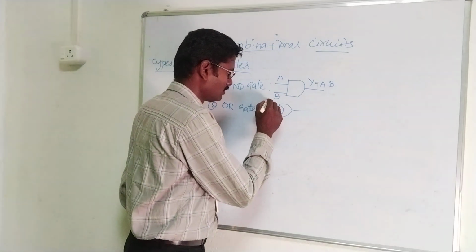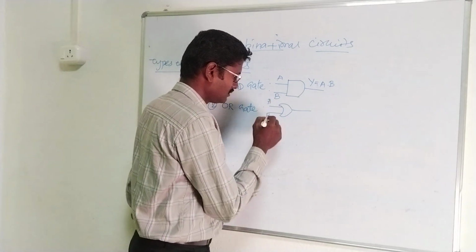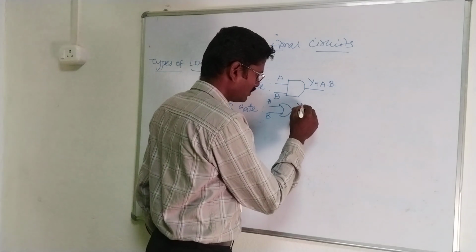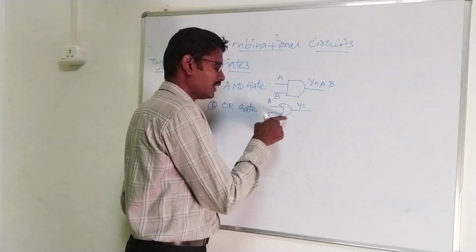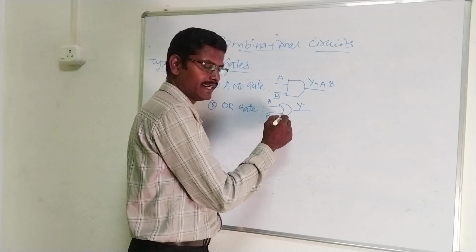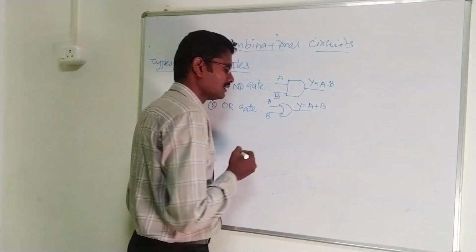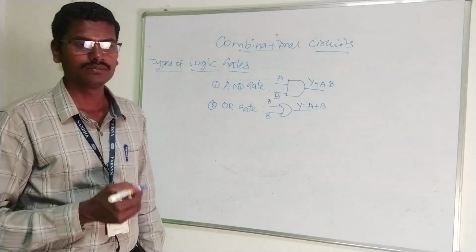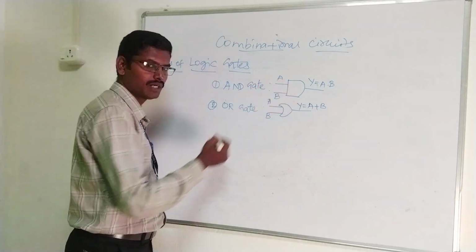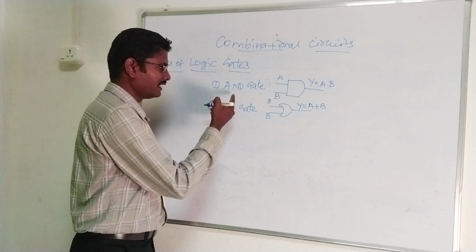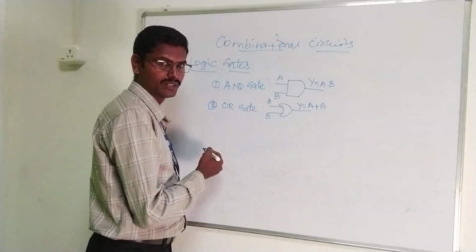Here for the OR gate, the input is A and B, and the operation of this OR gate is Y is equal to A plus B. This is addition. So AND is multiplication and OR is addition.